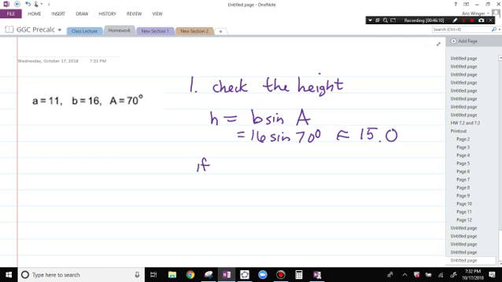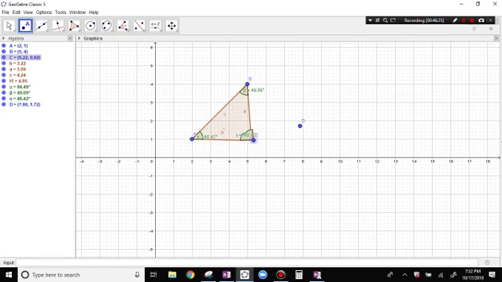So if A is less than the height, then no triangle. And again, going back to the picture, if A is less than this, then I have no chance to make it down here. I can't get down here if it's less than the height.